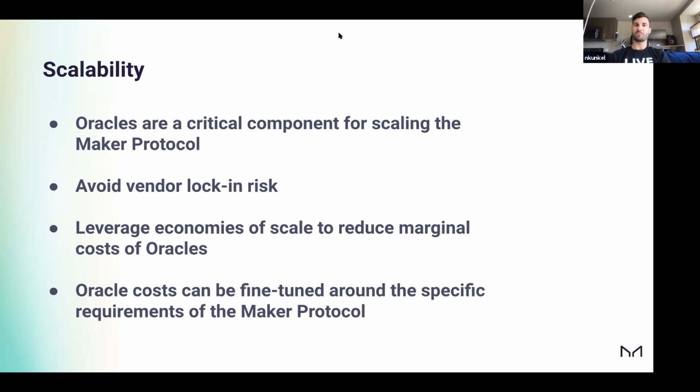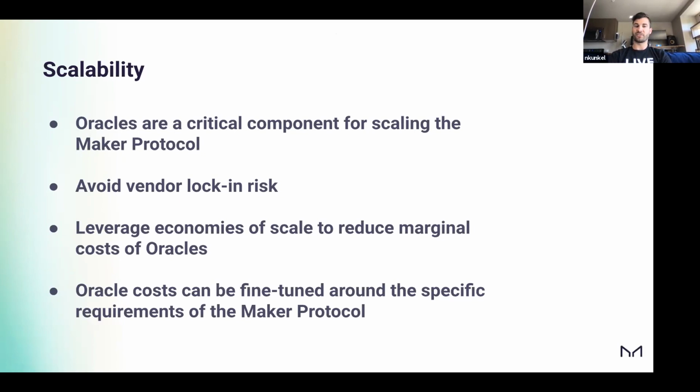And the last point here is that if the DAO owns its own Oracle protocol, then that protocol can be fine-tuned specifically around the needs and requirements of the Maker protocol, right? What Maker needs in an Oracle may or may not be the same as what another protocol needs in an Oracle, right?